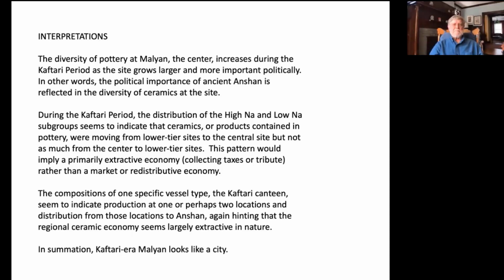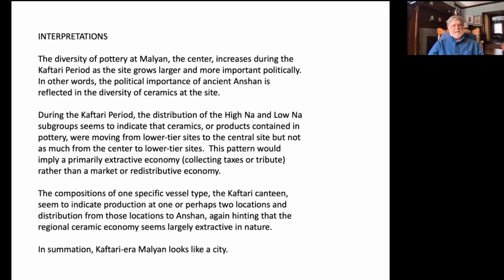Again, if you've got an empire and a strong political center, you're going to get a lot of extraction occurring in your economic patterns. And the Kaftari Canteens seem to indicate production at 1 or maybe 2 locations, and then being moved to Anshan, again, hinting that the economy is somewhat extractive.